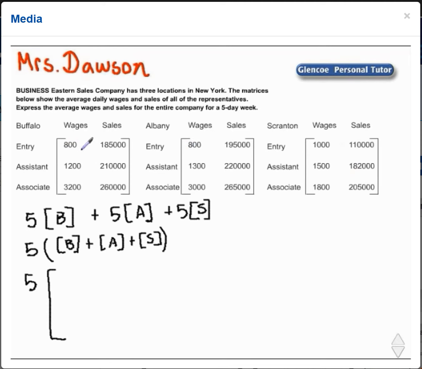So 800, 800, and 1,000 is $1,600 plus 1,000, $2,600.